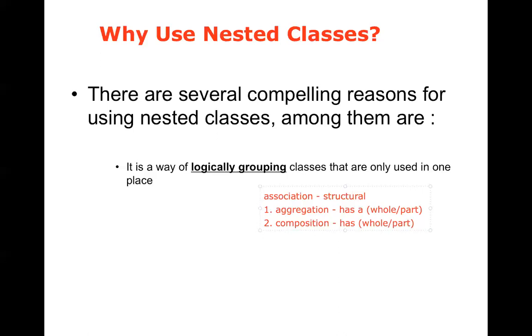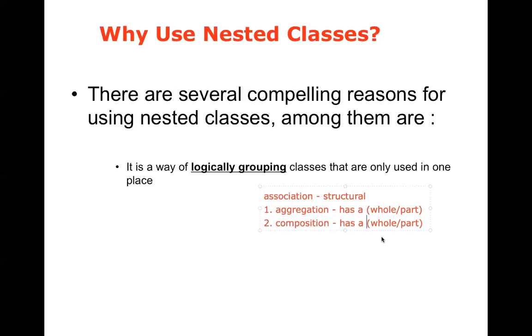Whereas composition, which is also a form of association, which is also a has-a relationship, but here there is a stronger bonding between the whole and part. So here what happens, if a part ceases, the whole does not exist. If the part ceases, there is no meaning for the whole, then it is actually a composition. As an example, if you take a computer system, a computer is one entity and there is another entity called processor.